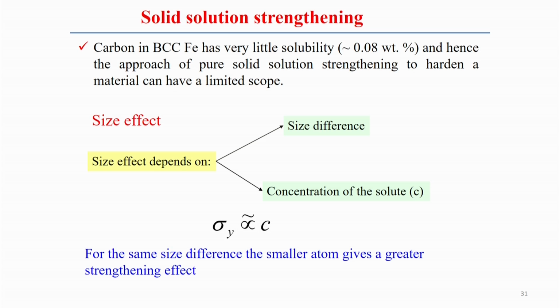The point is that since the carbon percentage is very low in BCC iron, the solubility limit is only 0.08%, so the solid solution strengthening mechanism has a limitation in imparting a huge amount of strength to the solid solution.